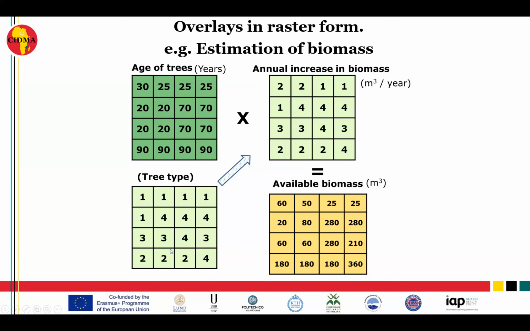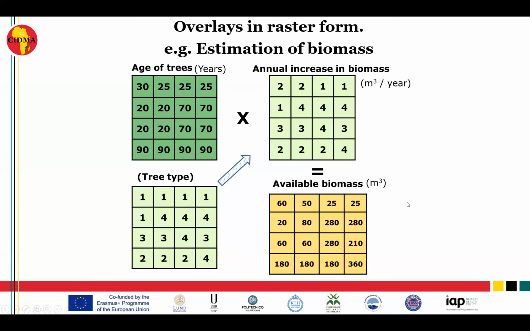Now I know it doesn't really fit this one, does it? These ones are a bit off, actually. So if we multiply the age of the trees raster with the annual increase in biomass, we would get a result of available biomass in a region, for instance.